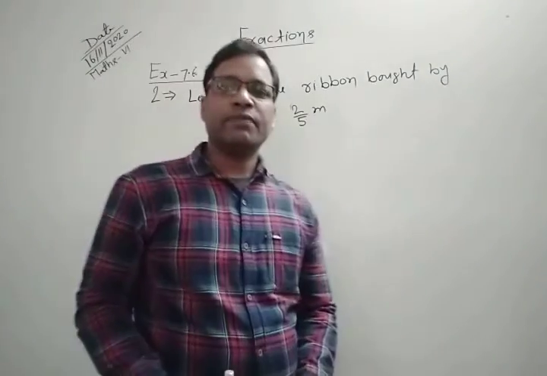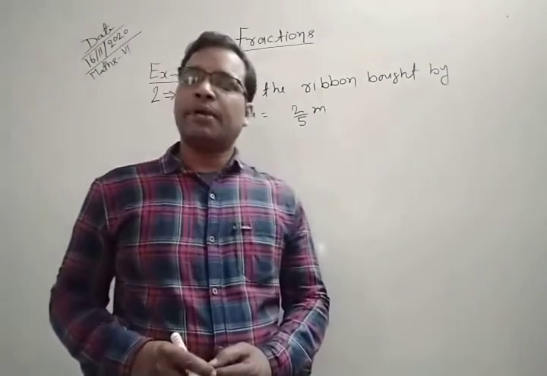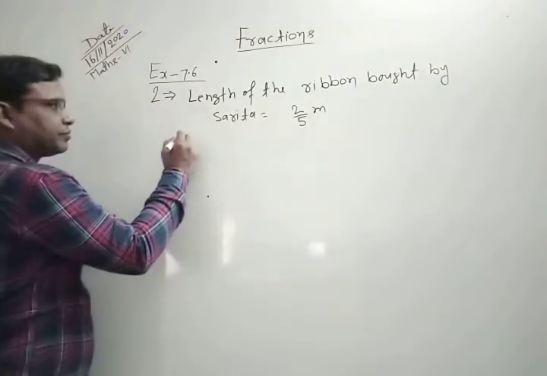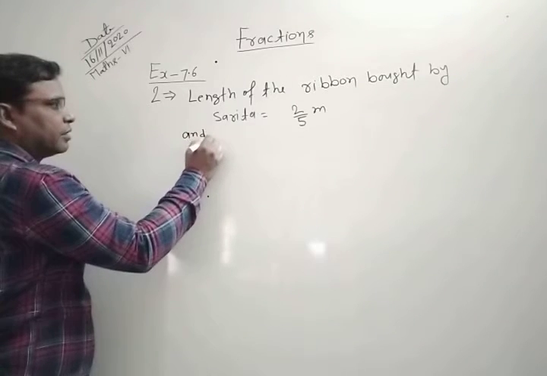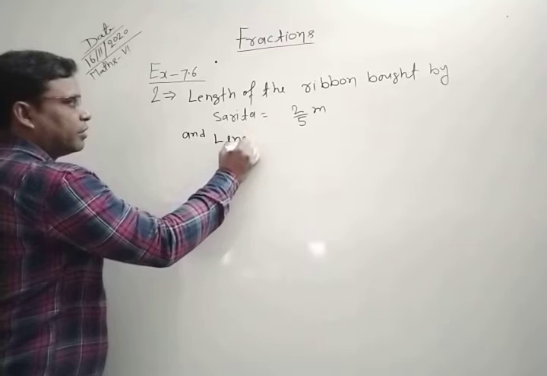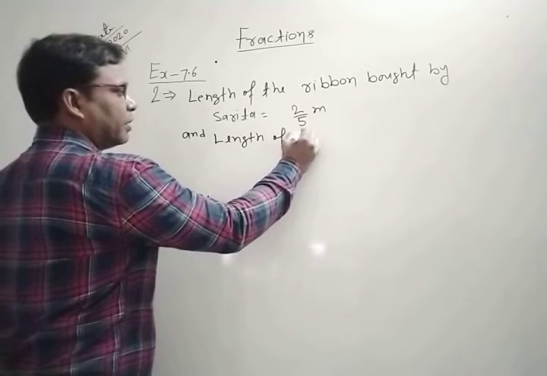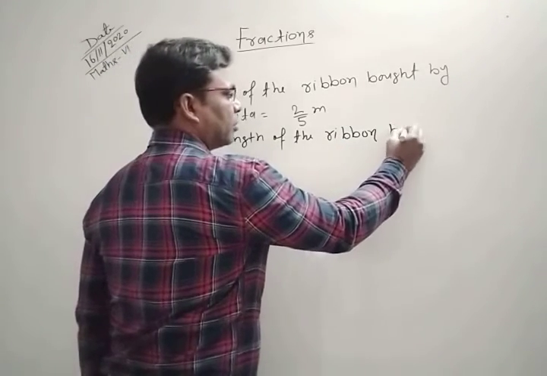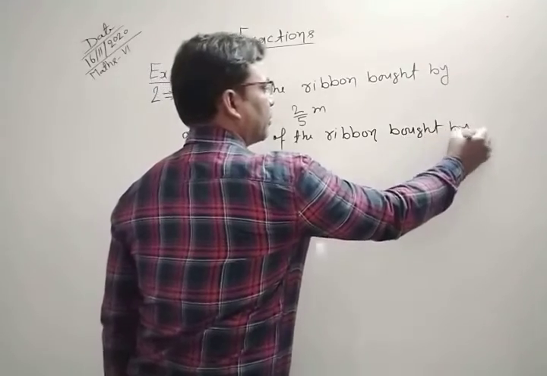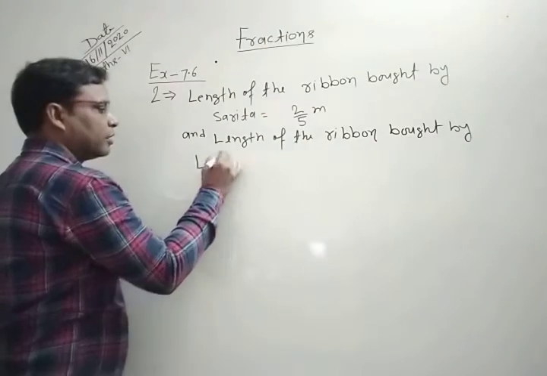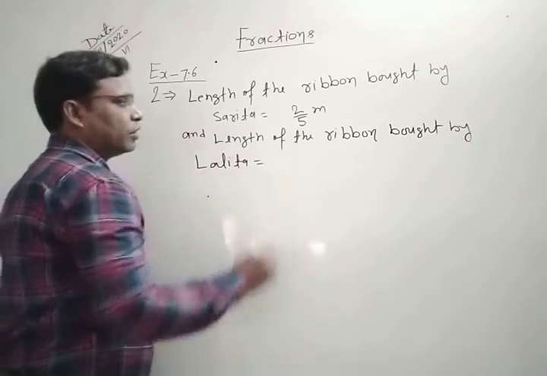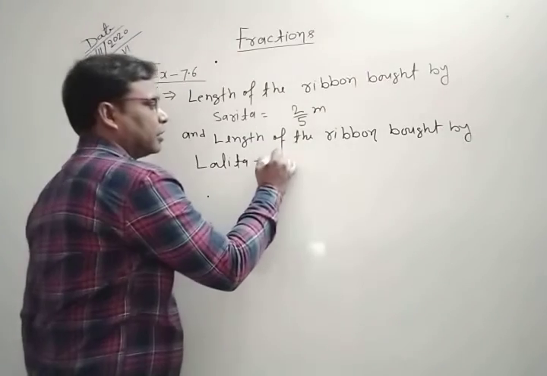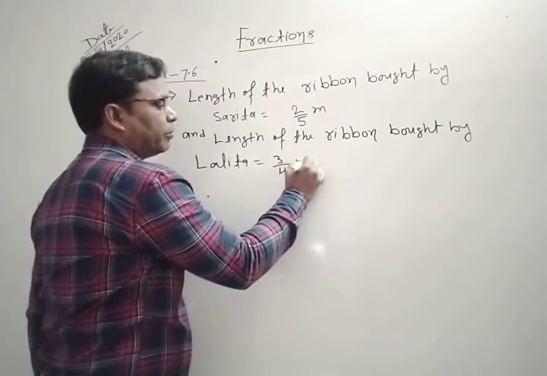In this question, it is given that the length of ribbon bought by Sarita is 2 by 5 meters, and the length of ribbon bought by Lalita is 3 by 4 meters. So here you write: and length of the ribbon bought by Lalita is equal to 3 by 4 meters.